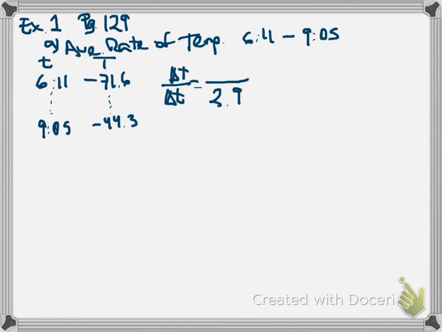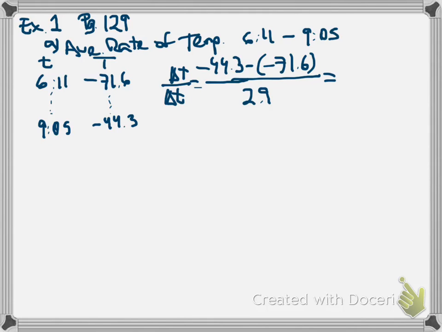And the change in temperature is negative 44.3 minus negative 71.6, which is 27.3, over 2.9, which is approximately 9.4 degrees Celsius per hour.